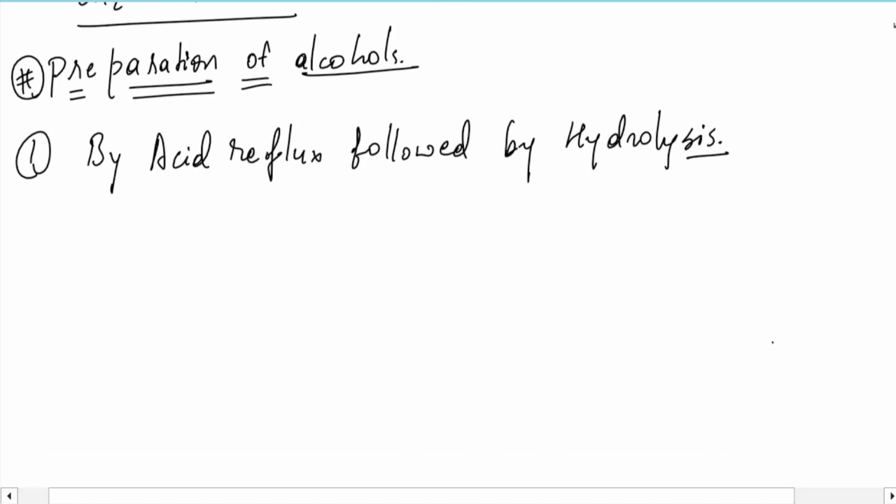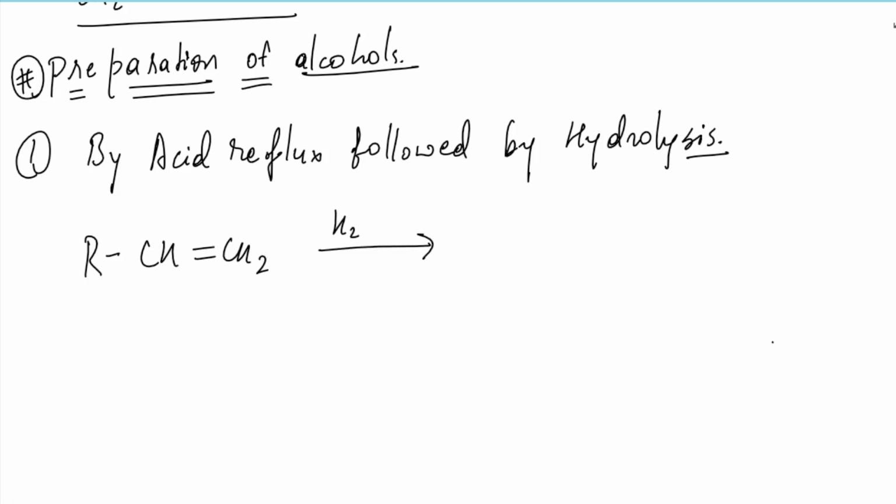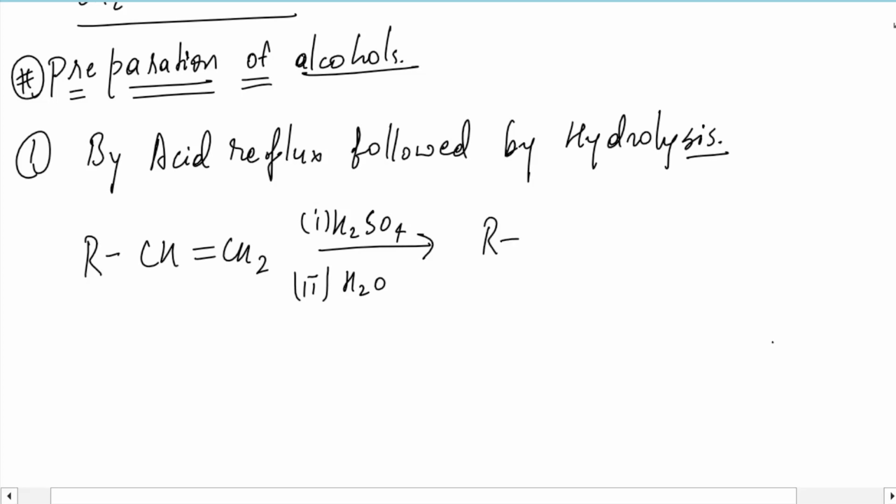This is R-CH double bond CH2. It's reacted with H2SO4 and then H2O. Then the major product formed here is the secondary alcohol along with the minor product as primary alcohol.